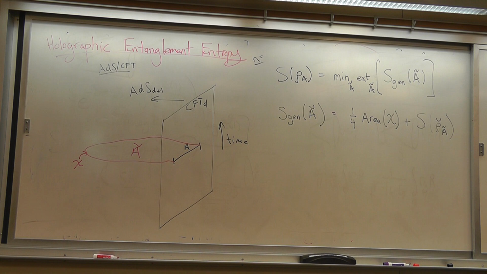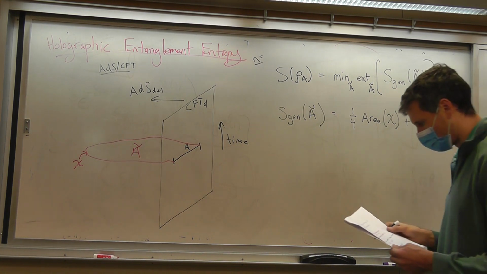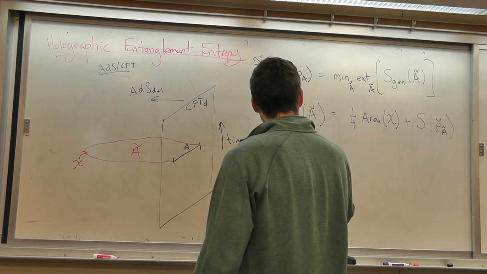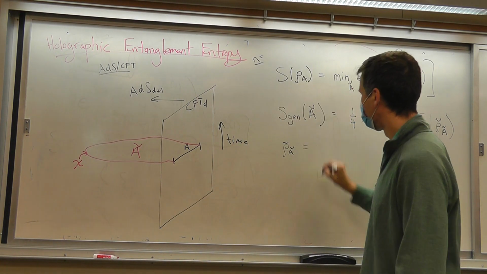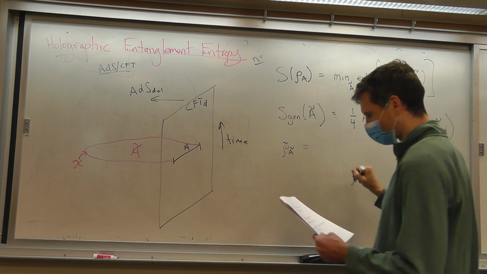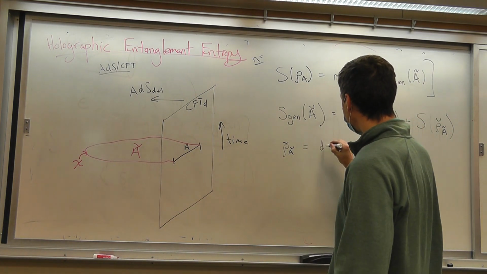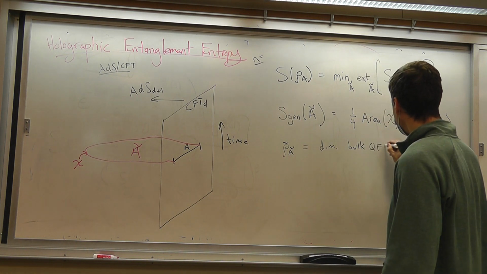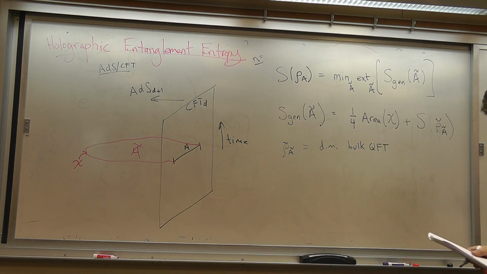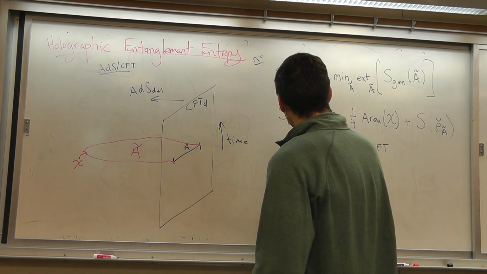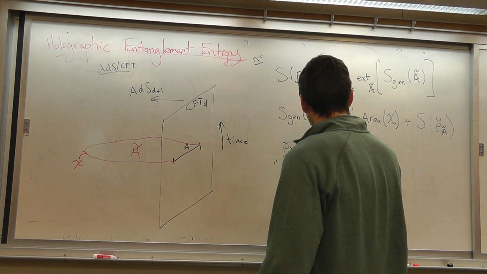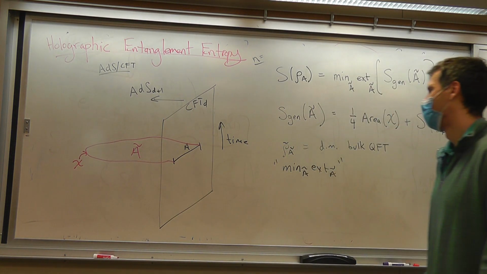Okay, so let me write a couple of things. So rho A tilde means the density matrix of the bulk quantum field theory. And then min over A tilde of ext over A tilde.